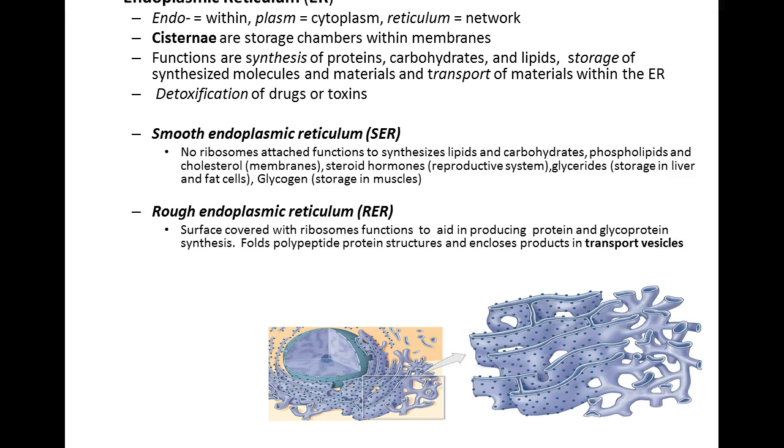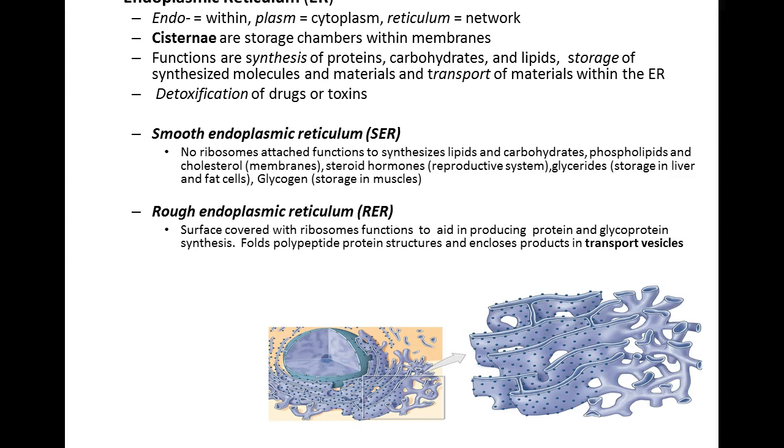So it's a membranous organelle with storage areas within, and the endoplasmic reticulum synthesizes proteins. So the next place that proteins go after the ribosomes, carbohydrates, lipids, storage of molecules, and materials for transport within the endoplasmic reticulum.